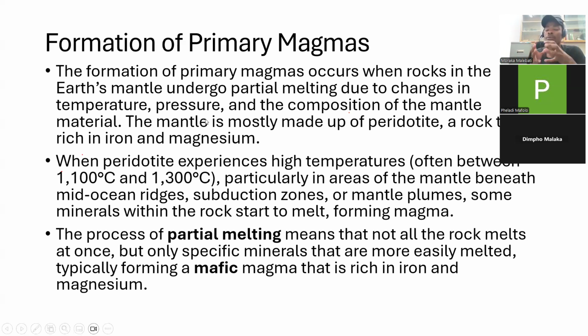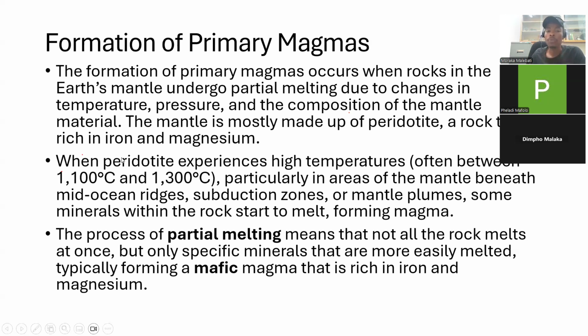But now when you're partially melting the peridotite or a mantle rock, it's going to give you the melt, and that melt, before it undergoes magmatic differentiation, will represent its initial composition.